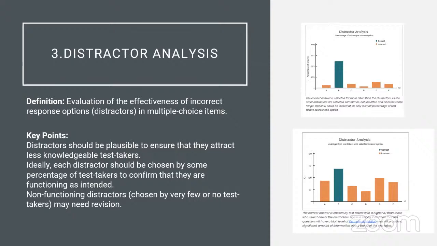So multiple choice items are there, and there will be equal probability. If you find that the equal probability is not followed by the result, then you can think about the distractor.